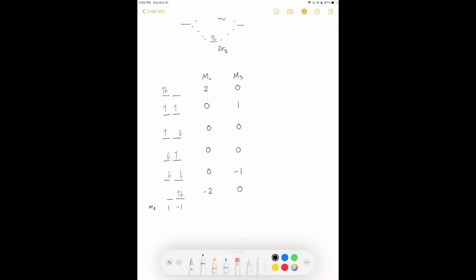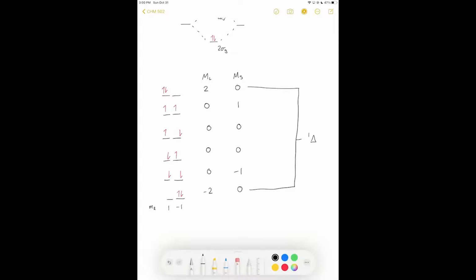But we can do a similar sort of thing and pair off these two with an M sub L equal to 2 as being in the same term. So the M sub L of 2 and the M sub L of -2 correspond to a 1 delta term. The delta coming from having an L equal to 2 and the 1 coming from having an S equal to 0, because that's still 2S plus 1 up there.